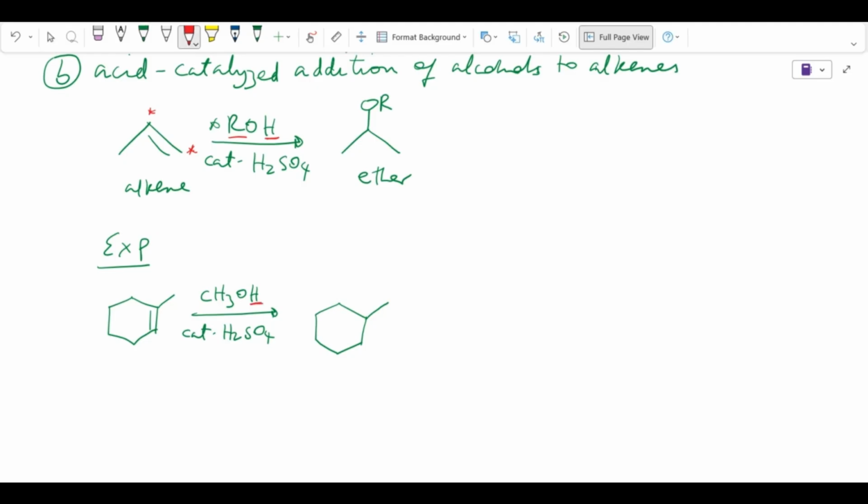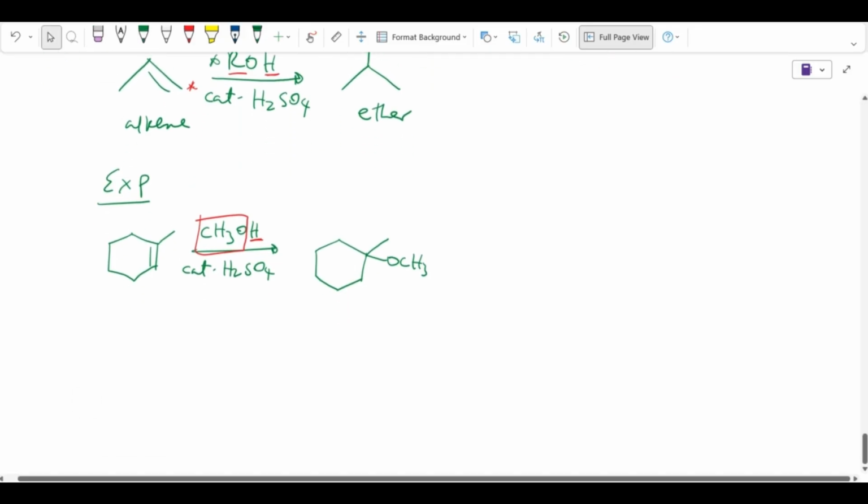So hydrogen goes to the less substituted carbon, and the OCH3 group will go to the more substituted carbon. This is your less substituted carbon, and this is your more substituted carbon, which is where we'll add the OCH3 group. We don't usually show hydrogens on carbon, so I would erase the hydrogen.